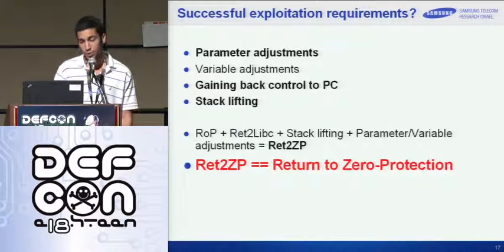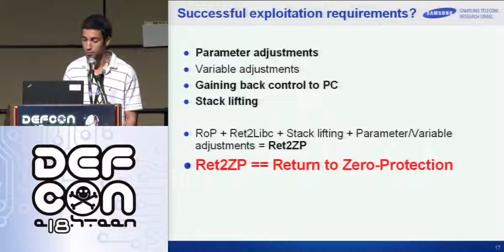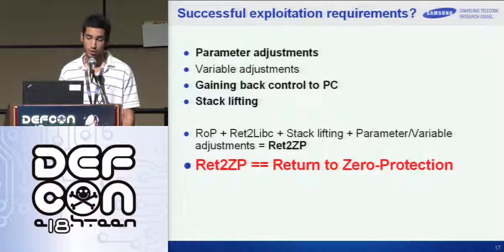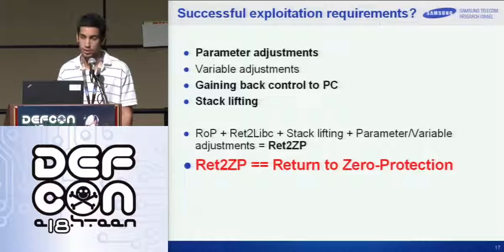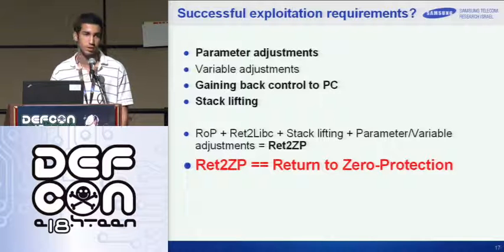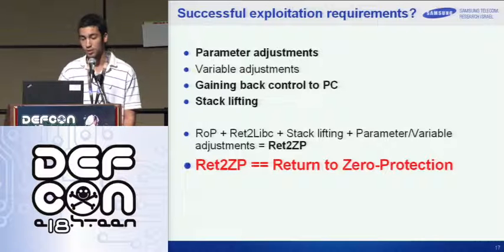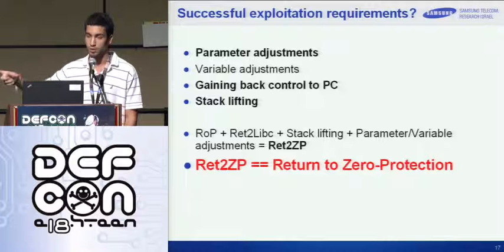All right. So what we need for a successful exploitation is several things. We need parameter adjustments and variable adjustments. Parameter adjustments will be just register adjustments, R0 to R3. We must modify those in order to continue exploiting and do whatever we want. We also would like to get back control of the PC, so after we execute some command, we still control the flow of the buffer.